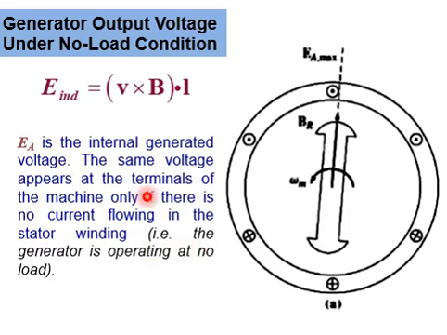Since we have considered that in this section there is no load connected, there is no current shown in this diagram. The directions of B and V are obvious from the diagram.